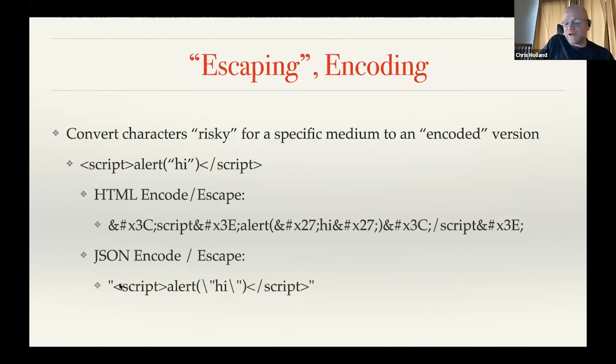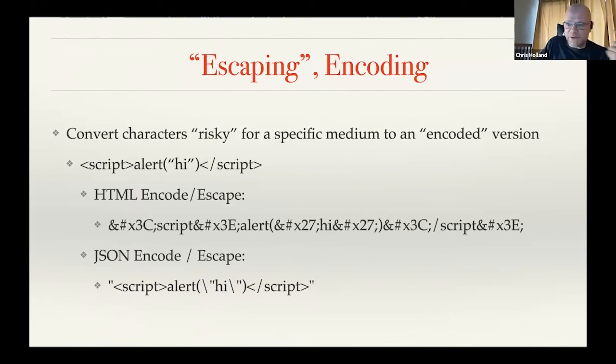In JSON, we don't care about angle brackets, but we do care about double quotes. So the JSON encoding mechanism puts backslashes in front of double quotes. Right away, you can see that from one medium, HTML, to another, JSON, each medium cares about different things as to what it knows to be nefarious.